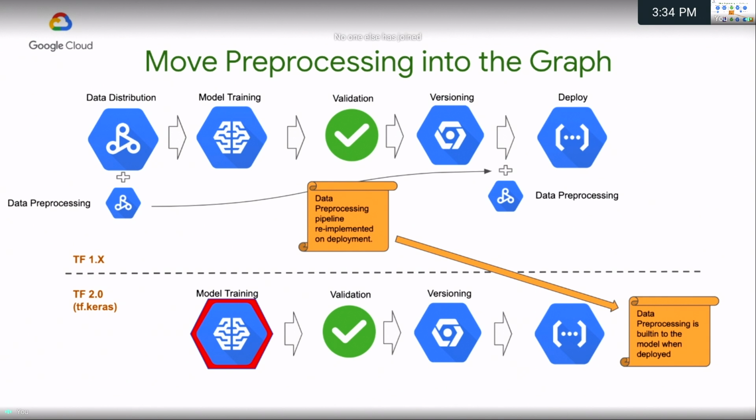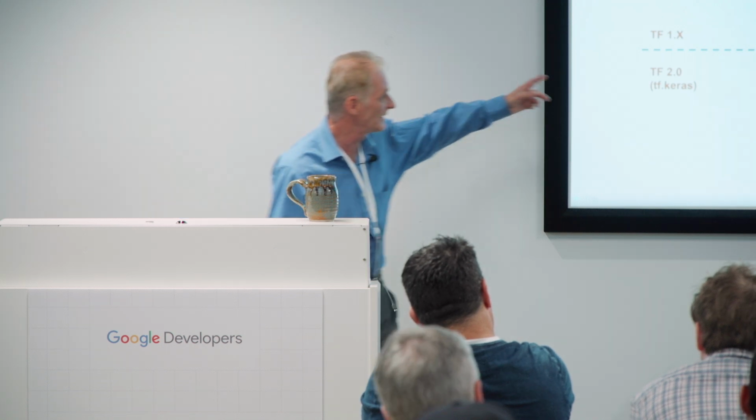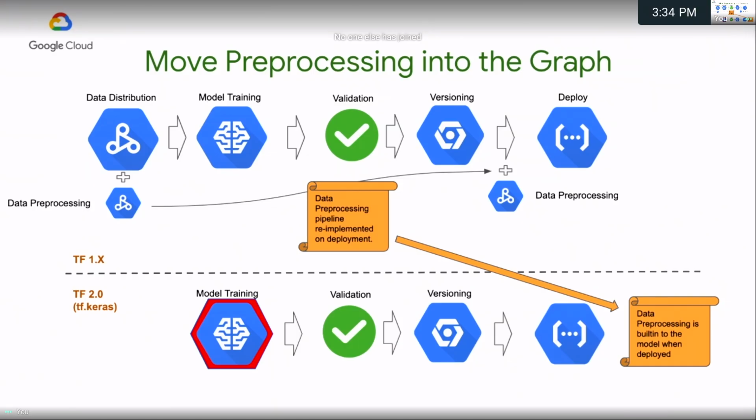If we look at an even bigger picture, in the old practice, when we had that separate input function, we also had to re-implement it on the deployment side. That is, when you fed something for a prediction, it had to be preprocessed in exactly the same way it was for training. So we had this duplication.